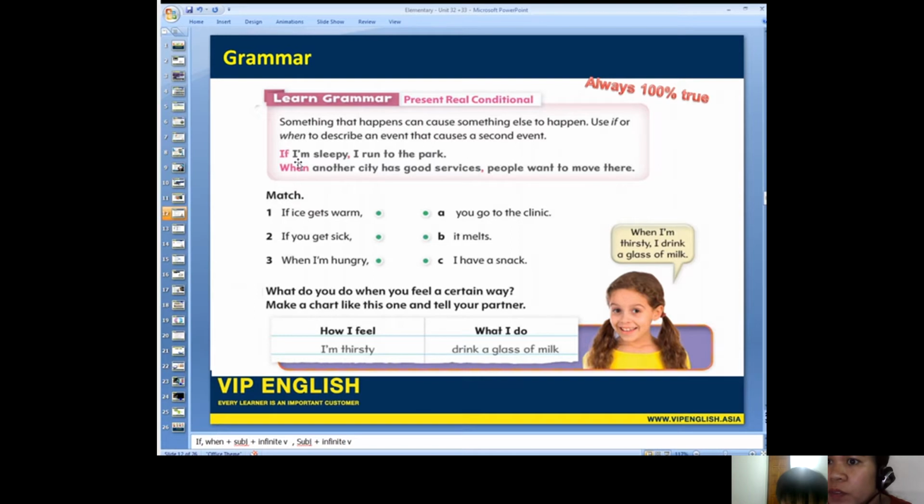And we use if or when to describe an event that causes a second event. Okay, do you understand that? So here it says something that happens can cause something.